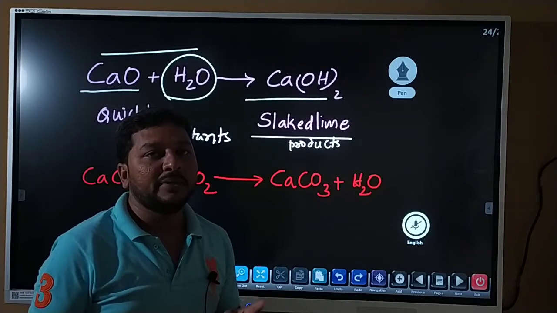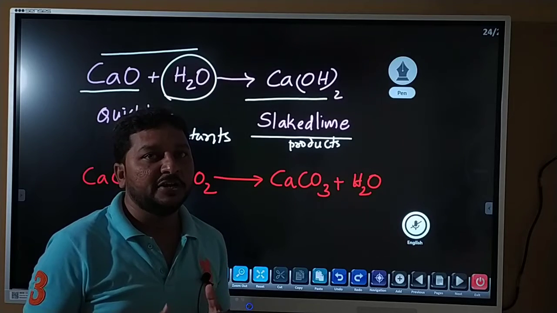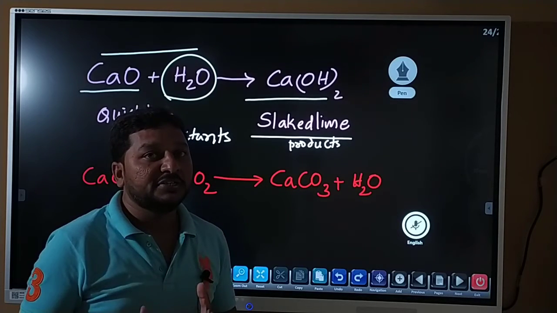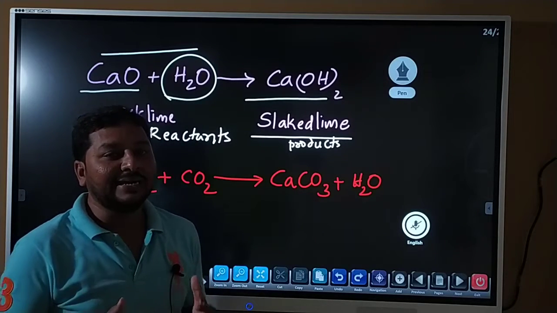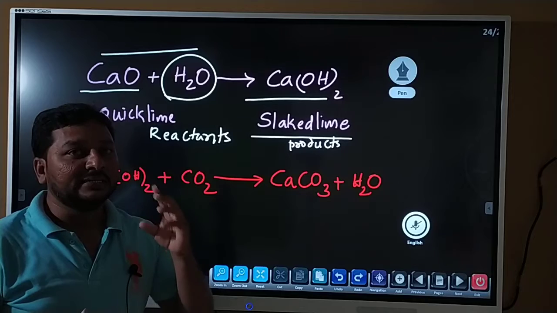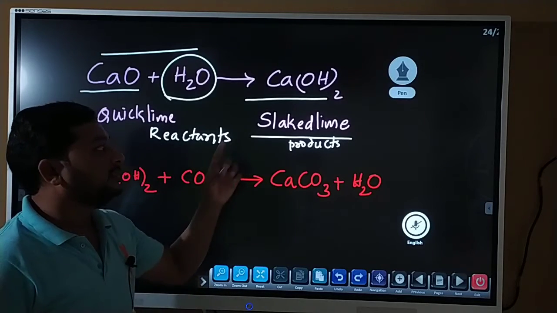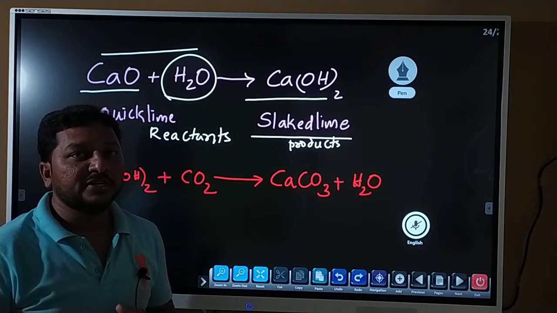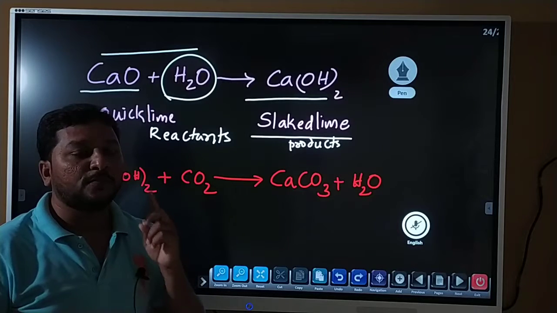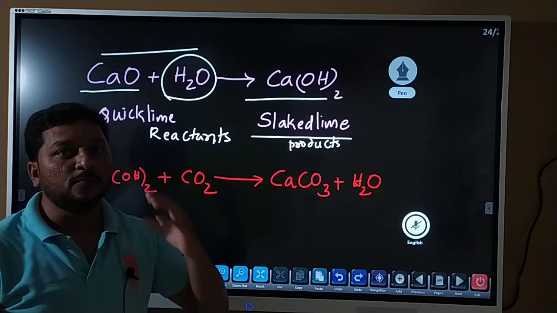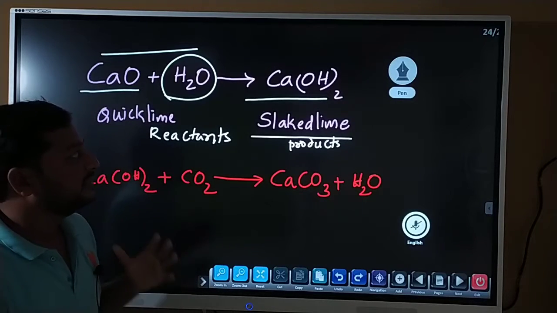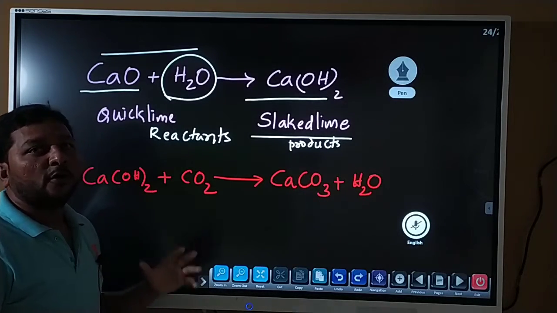It is called chemical combination. The condition is that the product should be one, from two or more reactants.